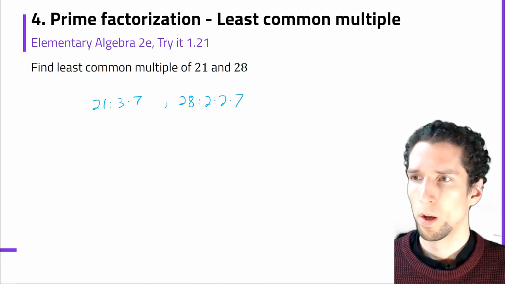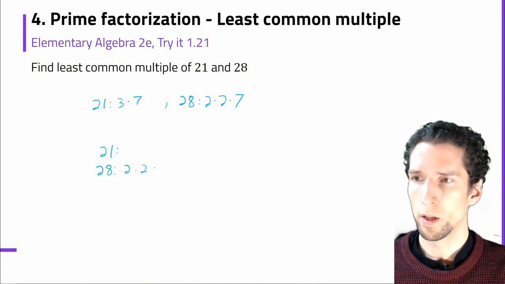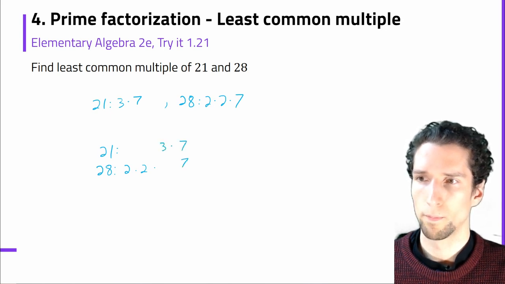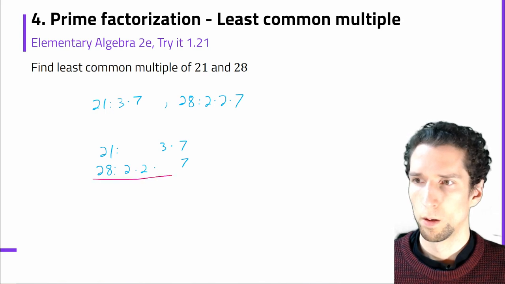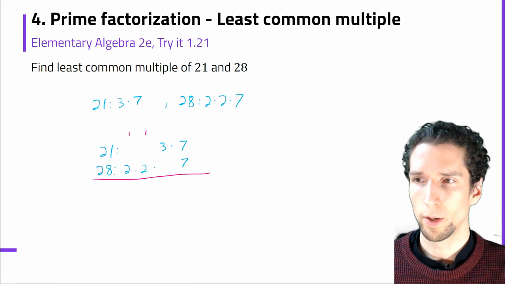Okay. So there we have 21 and 28. So 2, 2, and 3, and 7. So not a whole lot of overlap here, but we do have 4 columns like this. We do have overlaps with the 7.